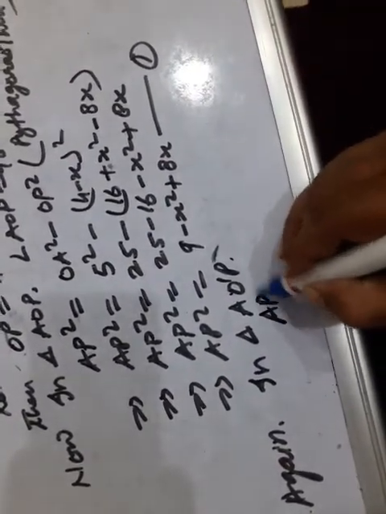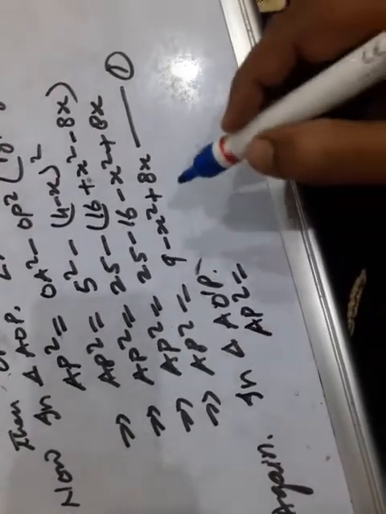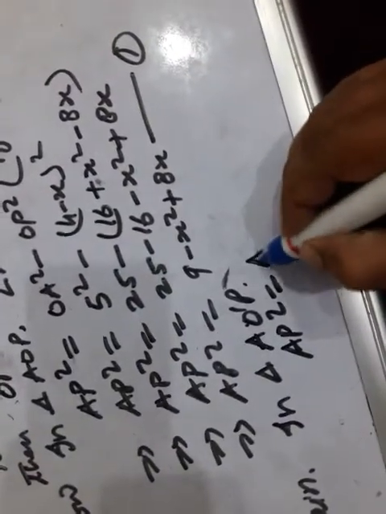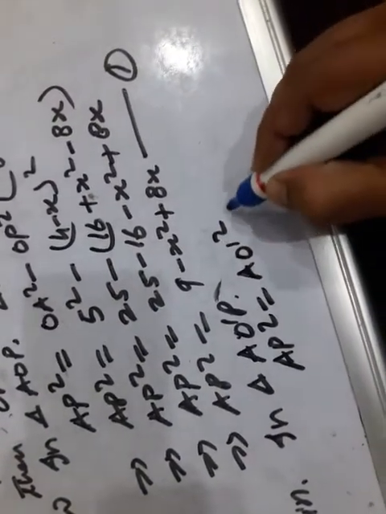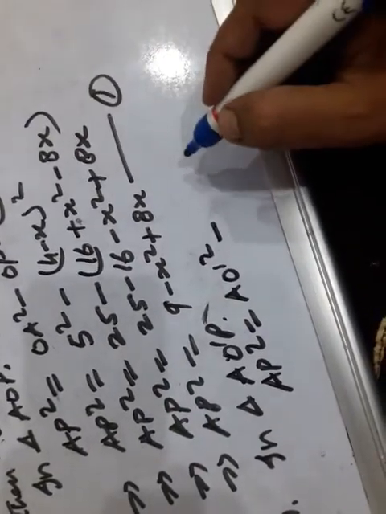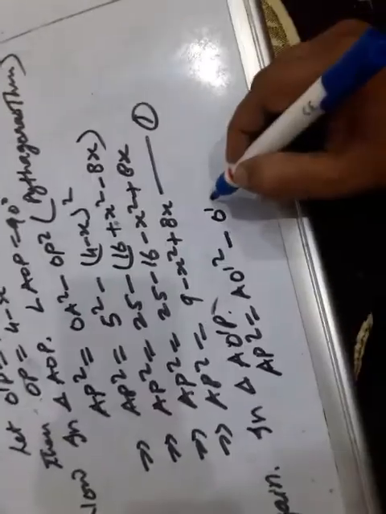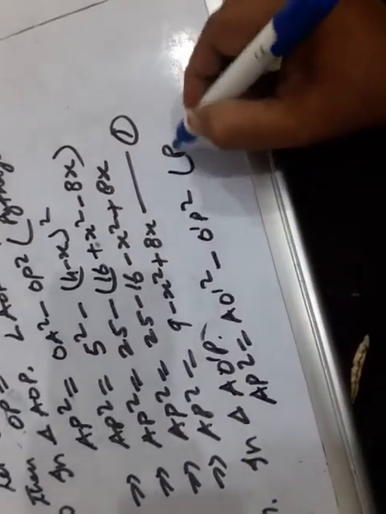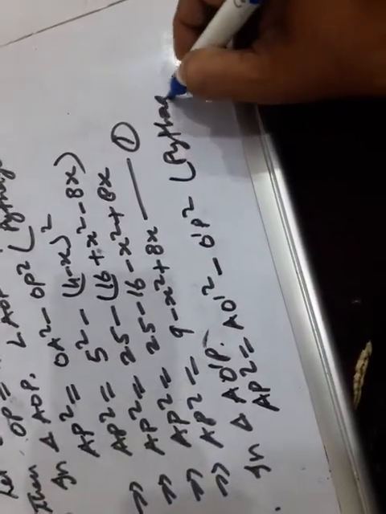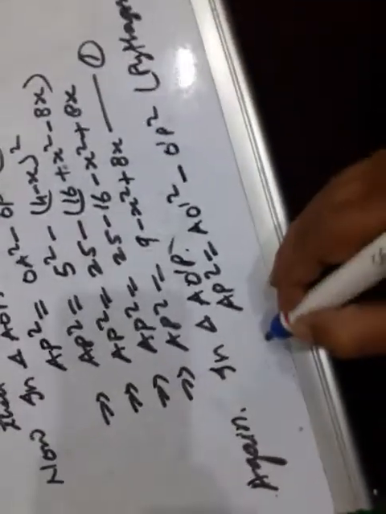This time the hypotenuse is AO dash, so AP square equals AO dash square minus O dash P square. That is again the Pythagoras theorem.